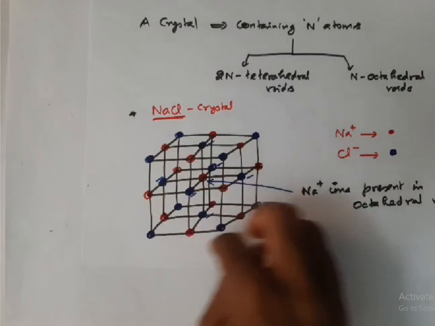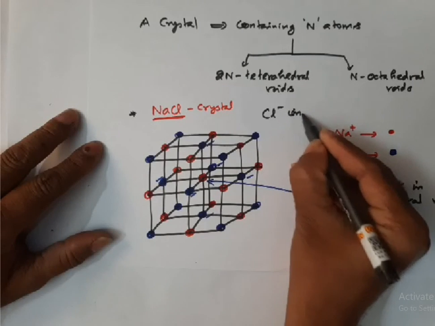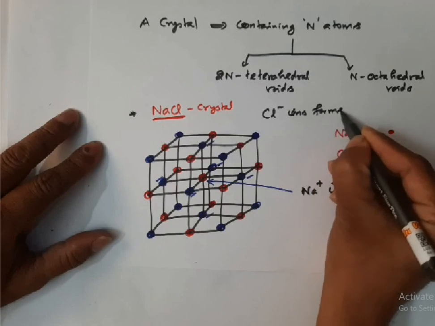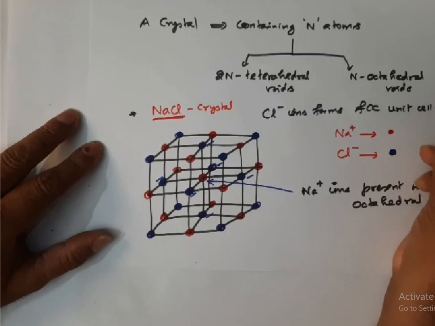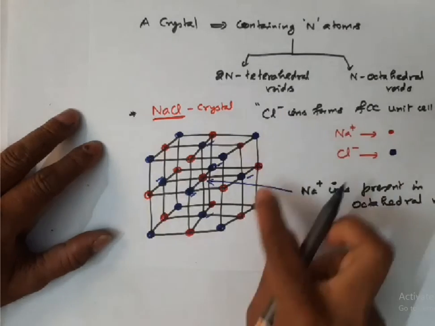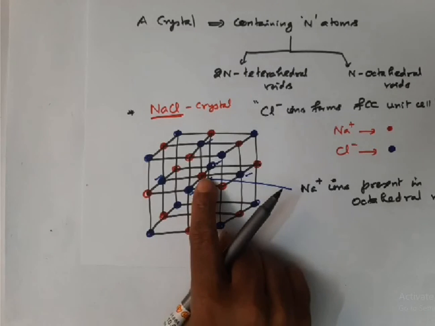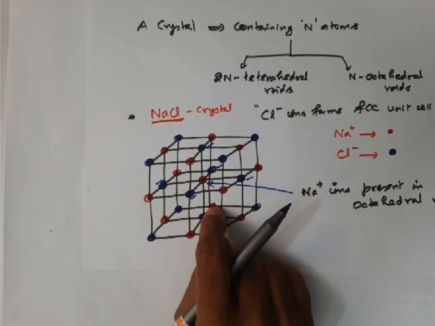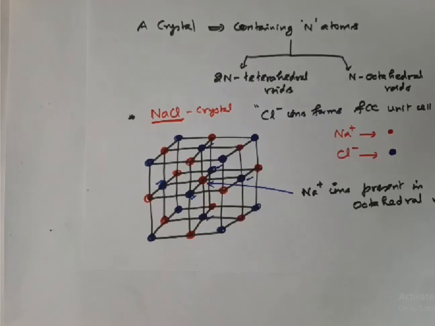Chloride ions form the FCC unit cell, correct? Because chloride ions occupy all the corners and all the face centers. So chloride ion forms the FCC unit cell. Sodium ions occupy octahedral voids. Okay, that is very, very important.